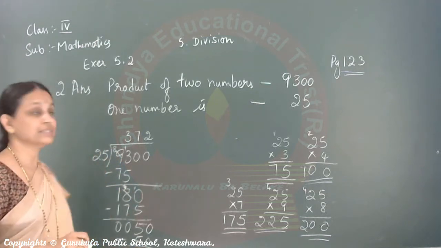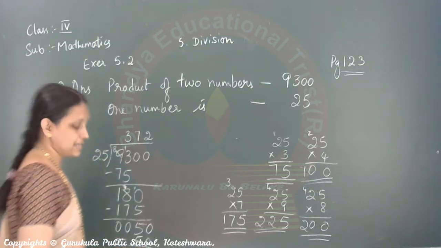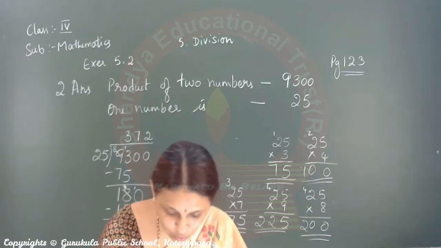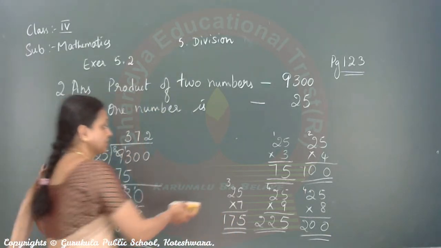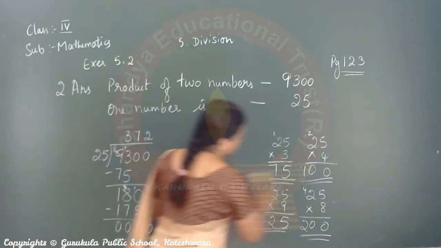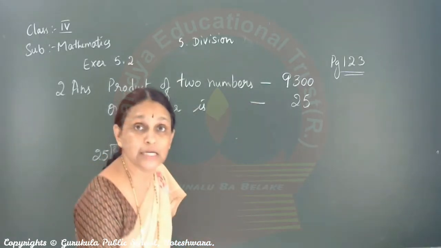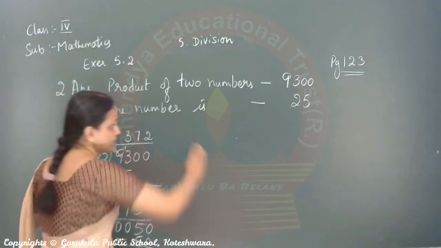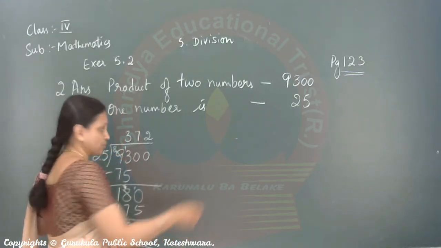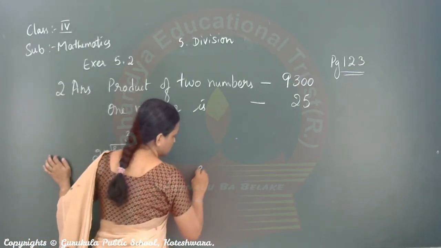So, what is the answer? You can write: therefore, the other number is, what is the other number? 372. Working column, you take it written that side in your books, okay? Leave place for statement.